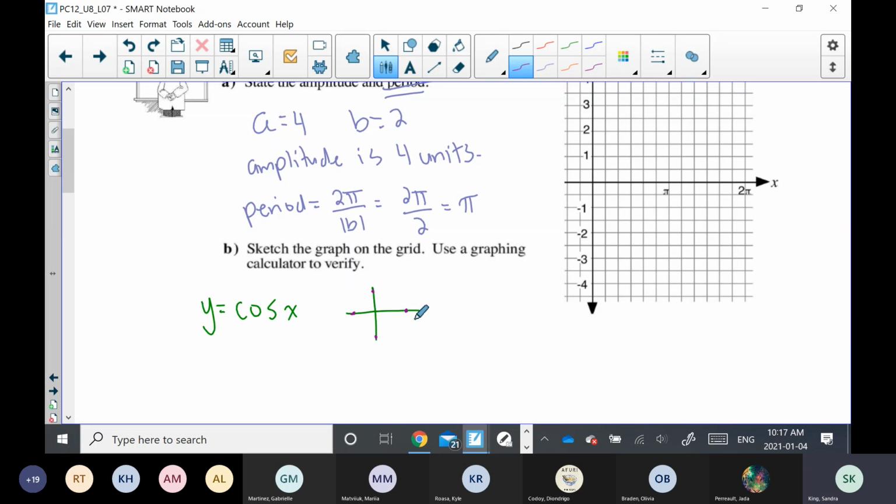And you always want to get your 4 points in. So that point is 1, 0. This point is 0, 1. This point is negative 1, 0. And this point is 0, negative 1. Okay, cos is which letter? So Claire, is cos x or y?